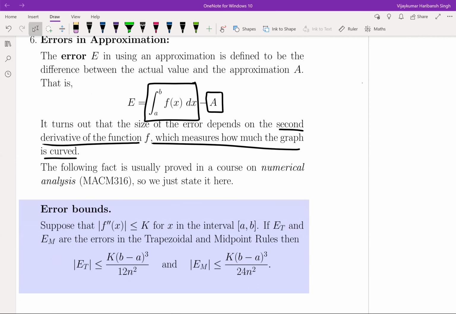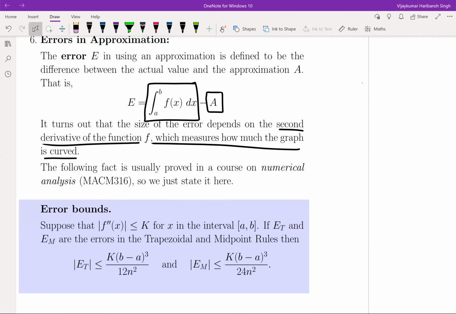This will be proved in MACM 316, which is an introductory numerical analysis course. It's a very interesting course. Hopefully you'll get to take it. In numerical analysis you discuss errors in different kinds of computations.